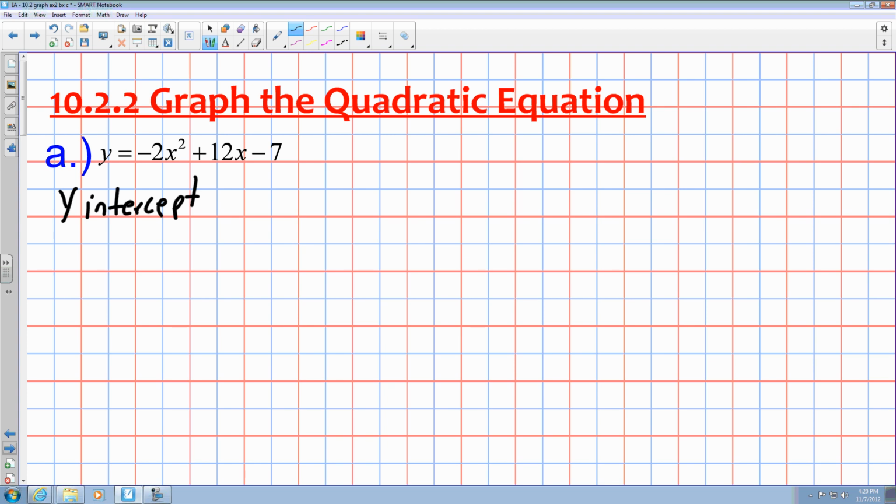Second is we need to find the axis of symmetry. And we also need to find the vertex. So with that being said, we can first figure out what our a, b, and c are. We know that a equals negative 2, b equals 12, and c equals negative 7.